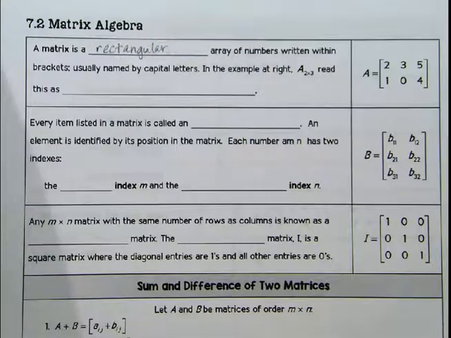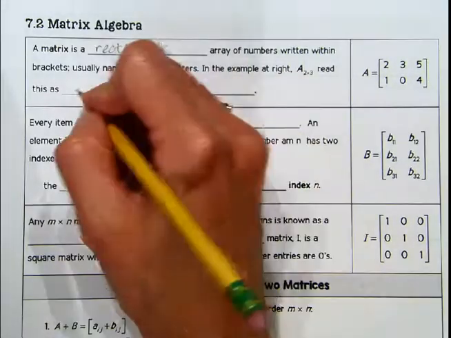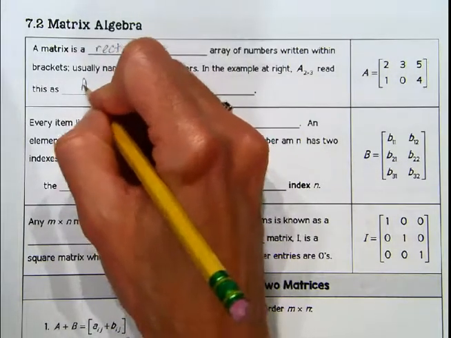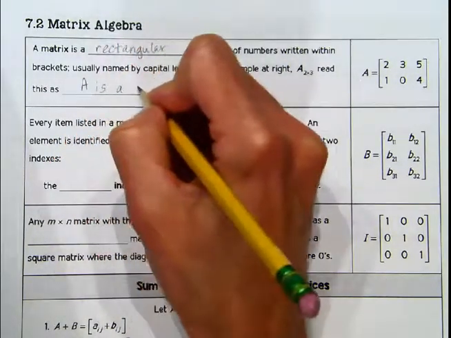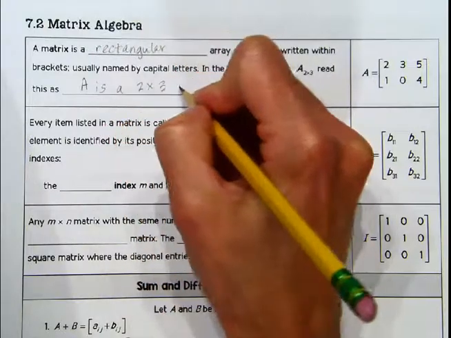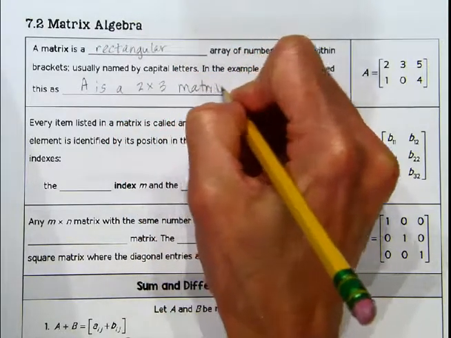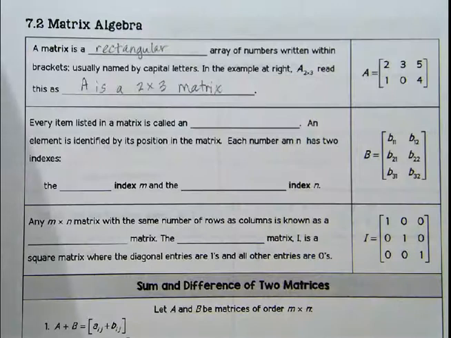In the example at right, A sub 2 times 3 is read as A is a 2 by 3 matrix. That's what it means. Every item listed in a matrix is called an element.